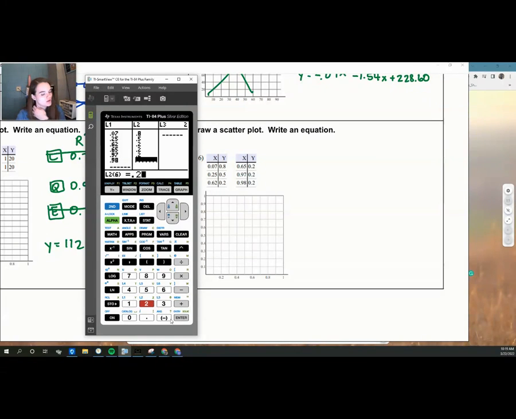There's a lot of 0.2s there, isn't there? Okay. Zoom 9. That one again, that one looks like a curve. Maybe more exponential, but I guess we'll see.